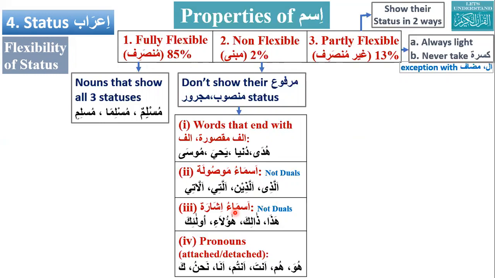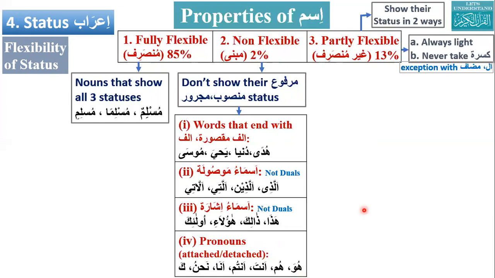Zalika is zalika in mansub, marfu, and majrur status. So these are non-flexible. Similarly, pronouns are also non-flexible, like huwa, hum, anta, antum, ana, nahnu. So they are always non-flexible. So when you see huwa, it could be marfu, it could be mansub, it could be majroor. Its shape doesn't change. It remains huwa in all the three statuses.